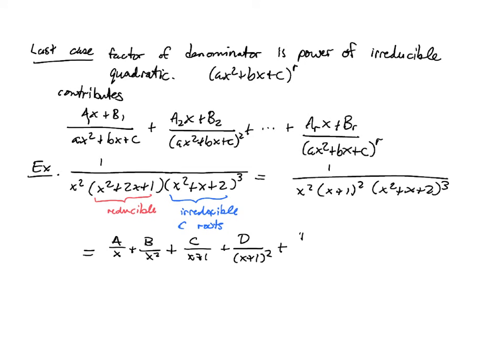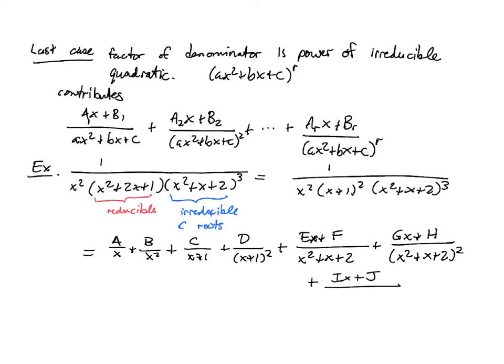So we'll have ex plus f over x squared plus x plus 2, plus gx plus h over the square of that. Lastly, plus ix plus j over x squared plus x plus 2 cubed.